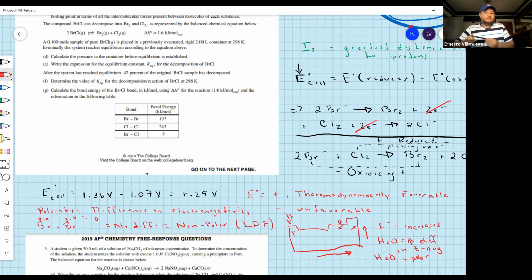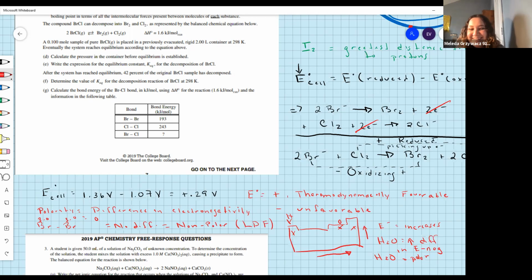What's the intermolecular force between non-polar molecules? Starts with an L. It's a city in England.